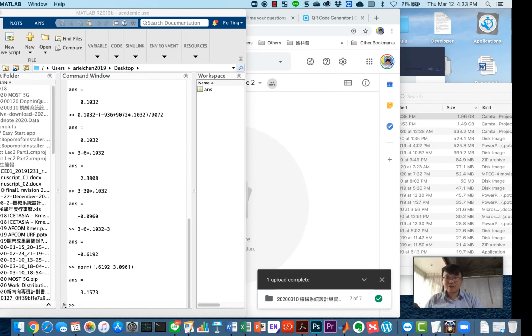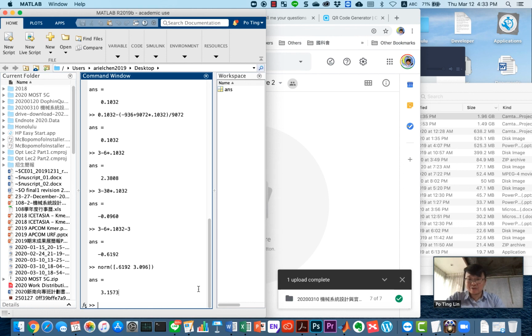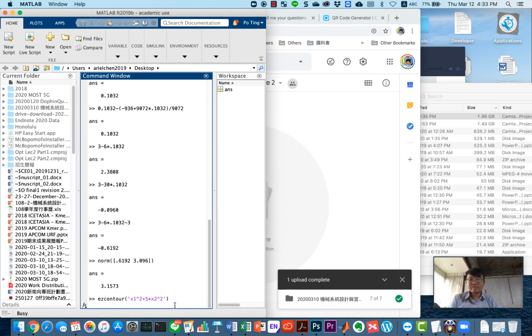Just to double check, let me use MATLAB to draw it. ezcontour of x1 squared plus 5 times x2 squared. Hold on, give me a second, just double checking.